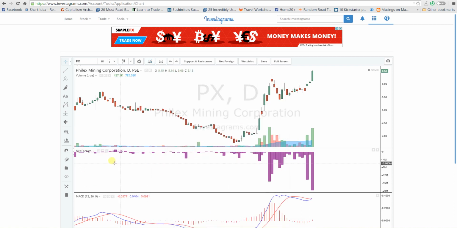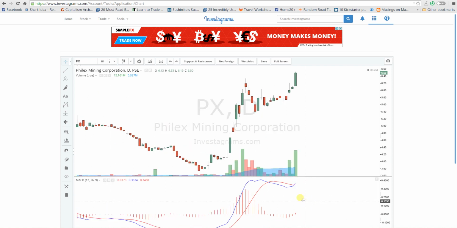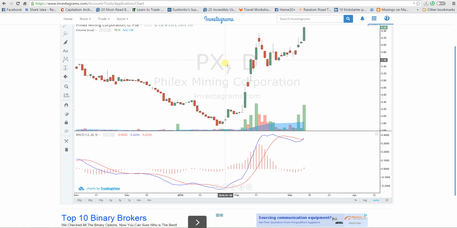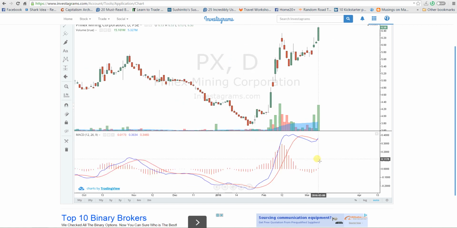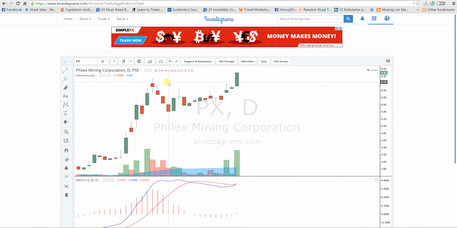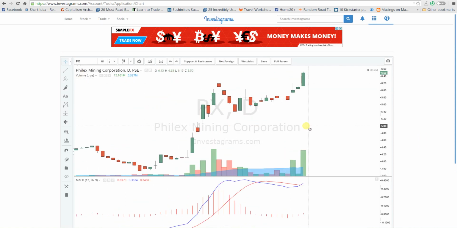MACD. Then here we go. So there, we can see that it was already trending and it gave us a sell signal here, but then it just shows that it's still strong, the trend is still intact, and it gave another cross here with big volume. So yeah, it's a buy signal, it's a buy day for Felix.